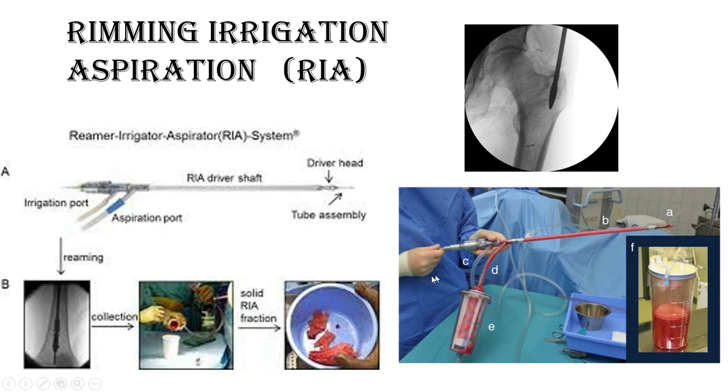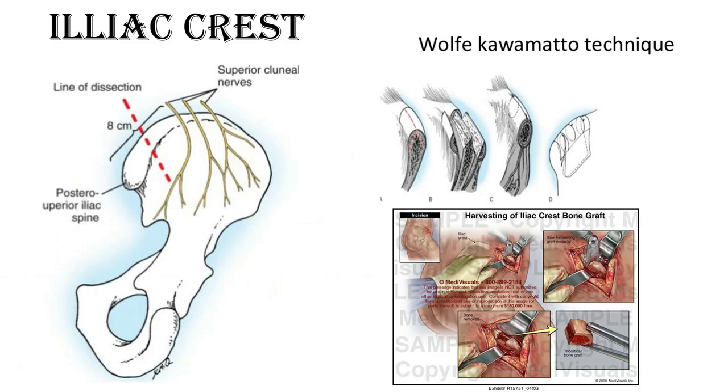And one thing you have to know: normal reaming in any fracture operation or during nailing is to some extent blunt, because it cannot perforate the cortex. It will just take out the cancellous bone, that's all. So reaming, irrigation, aspiration is the newest development of taking morcellized bone graft with a very minimally invasive technique.